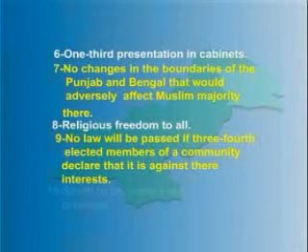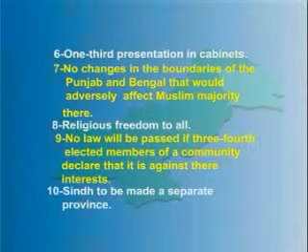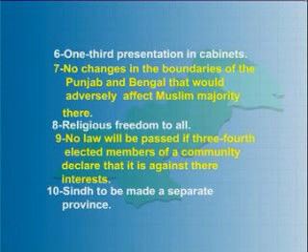The tenth point pertained to the province of Sindh. The demand was that Sindh should be made into a separate province, because Sindh was, as I said earlier, part of Bombay at that time.